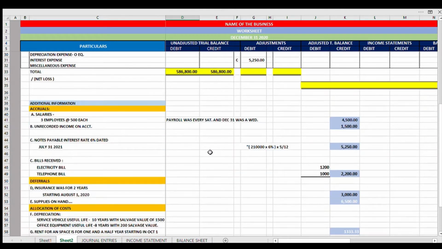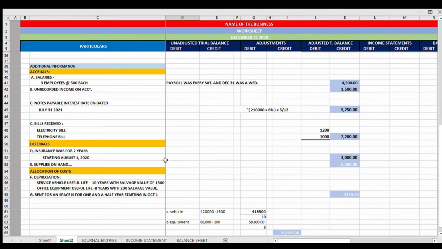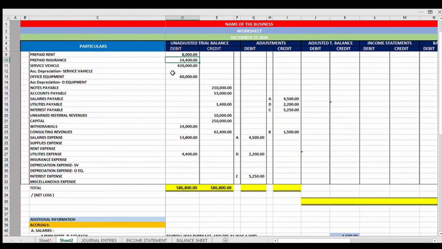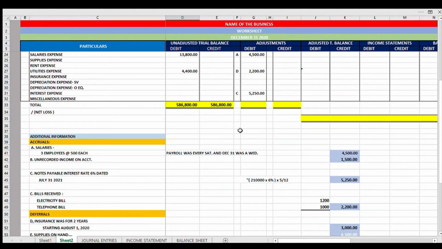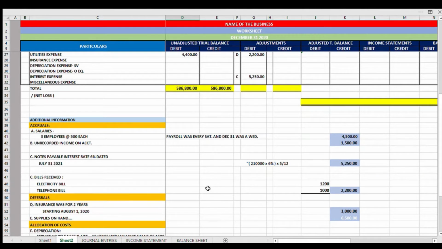So 14,000, we will multiply it by 2 years. 14,000 divided by, in months, it would be 24 months.